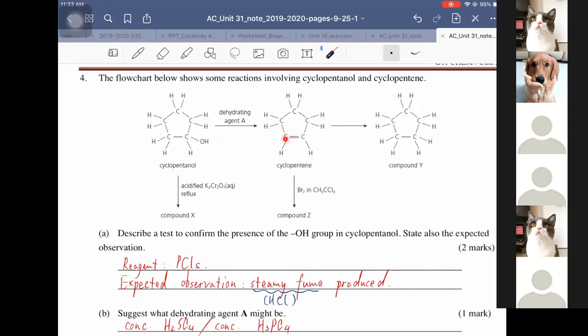Remember, when drawing the repeating unit, we just get rid of the double bond and connect it to the other repeating unit to show the polymer. We do the same for this one: remove the double bond and connect the other repeating units here.